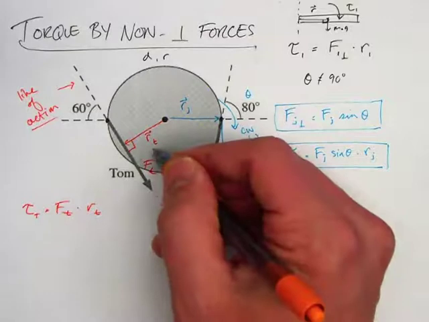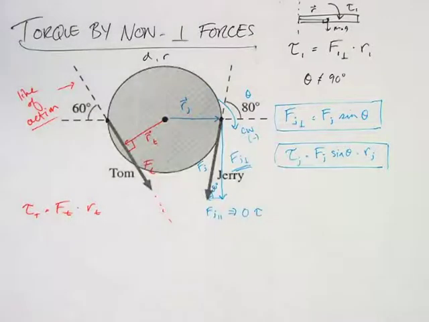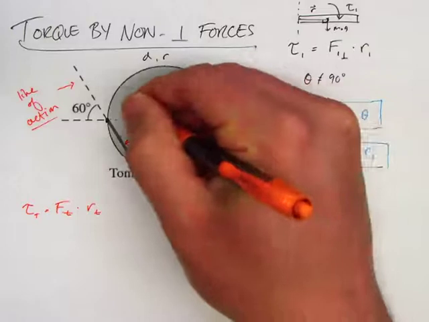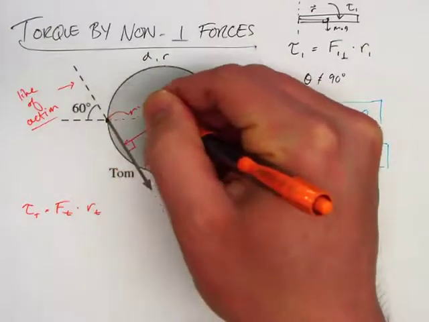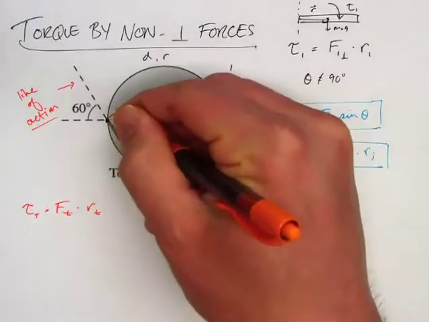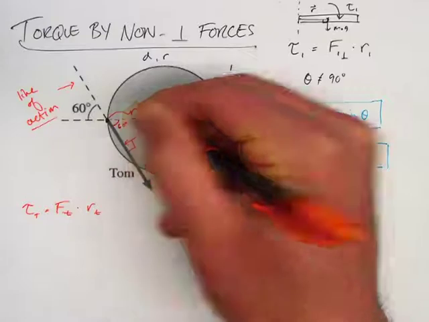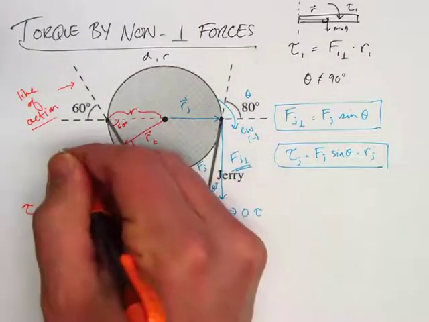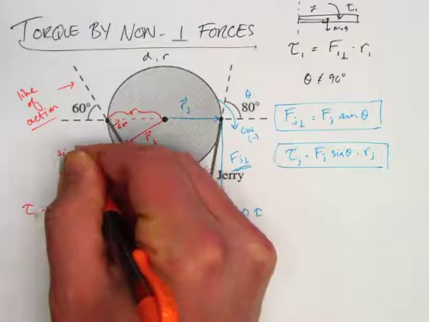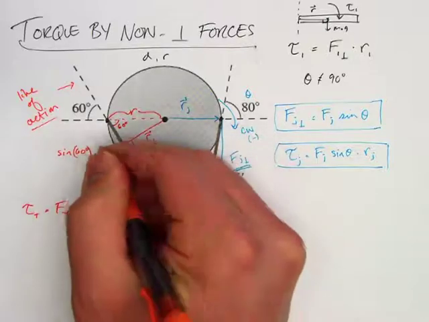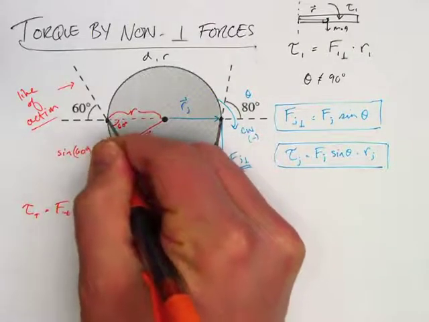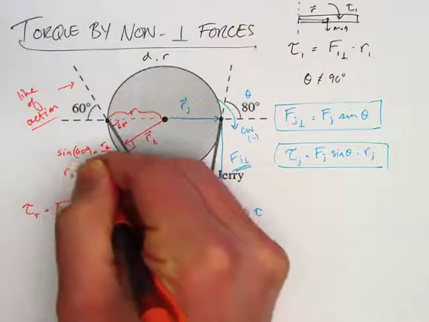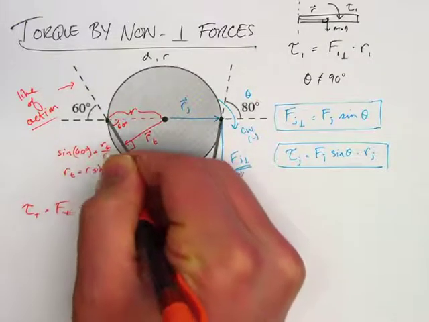So we have to figure out, well, what is r sub t? If we do a little geometry here, this would be r, the distance here to here. This would be 60 degrees here. And so based upon the geometry, the sine of 60 degrees would be this r sub t over r. So r sub t would be r sine of 60 degrees.